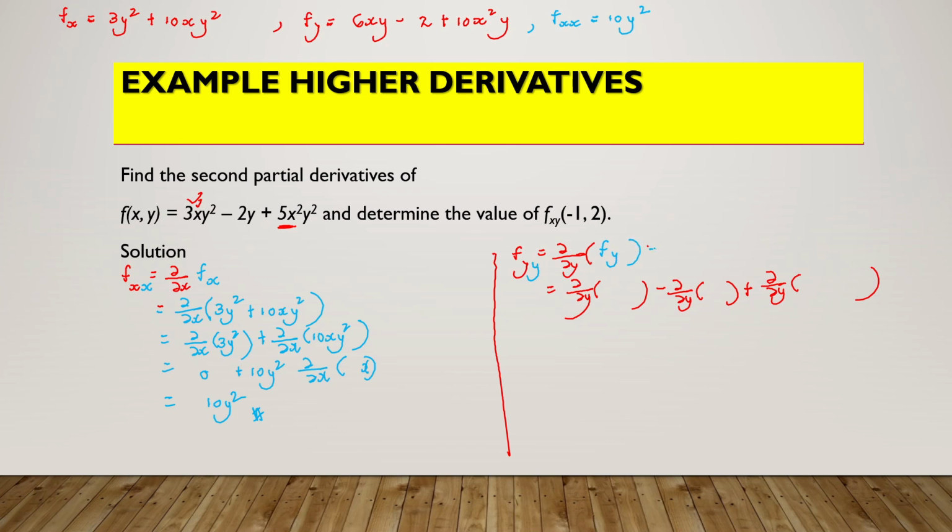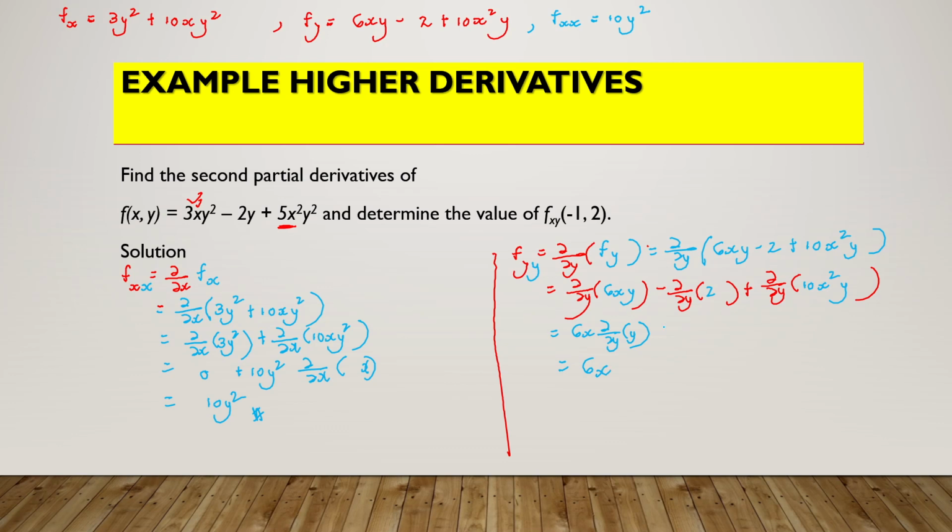Where the fy you have, just now you have jotted down here, 6xy minus 2 plus 10x squared y. So you take ∂/∂y of 6xy minus ∂/∂y of 2, plus ∂/∂y of 10x squared y. When 6x is constant, you factor out 6x and then you take ∂/∂y of y, which is 1.